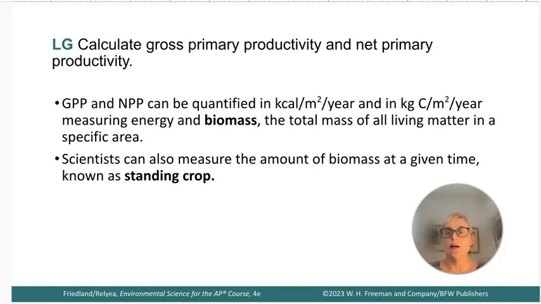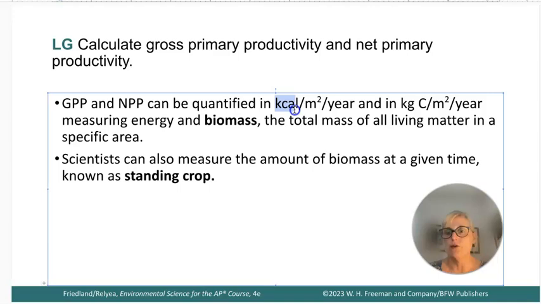We can also calculate it. You will have to do this math on the AP test and your unit exams. It can be quantified in kcals per meter squared per year, where a kcal, big C Calorie, is a measure of energy; these are synonyms.